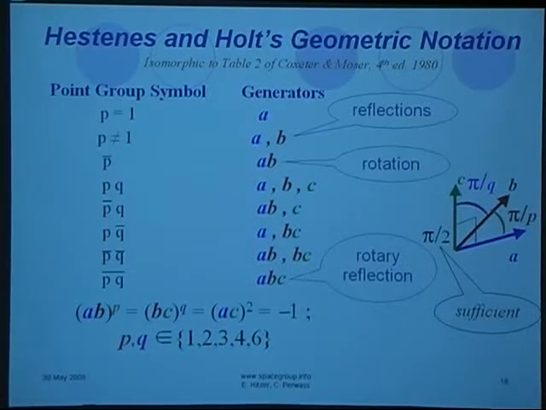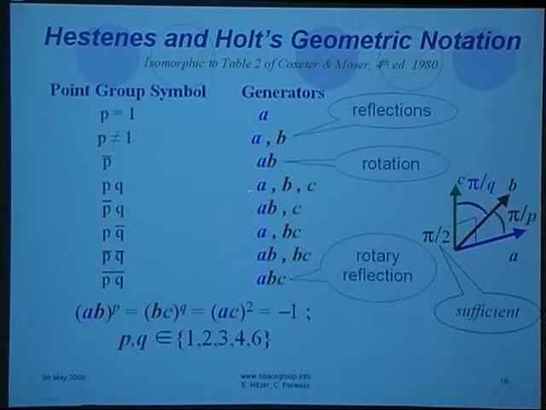If I just have one index number, it means I have just one vector. If I have an index which is not equal to 1, so not 1 but 2, 3, 4 or 6, then I have two vectors which are at an angle pi over this index. If I have an overbar, the two are together to form a rotor.